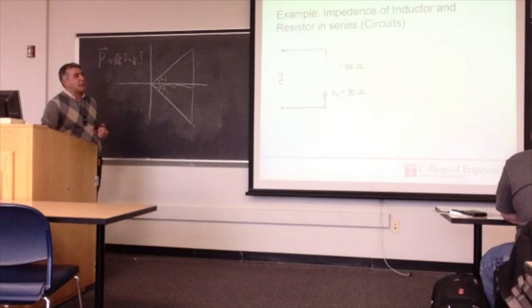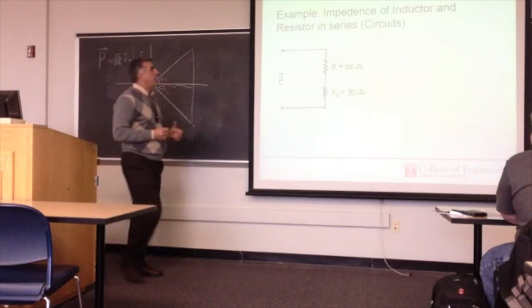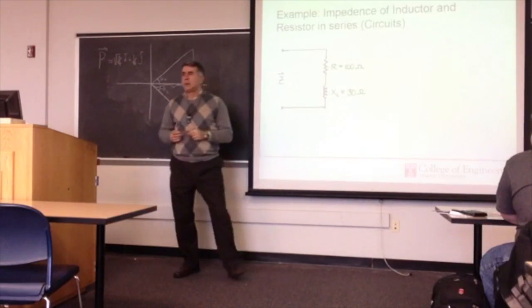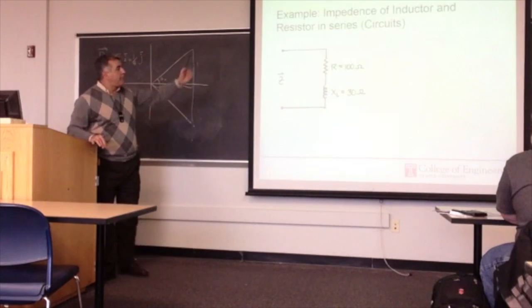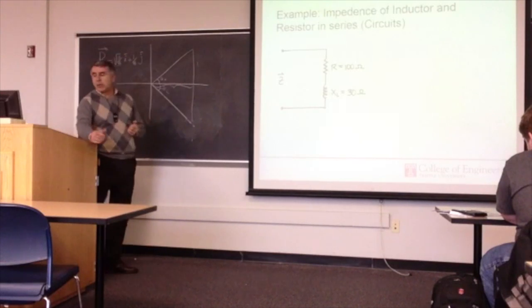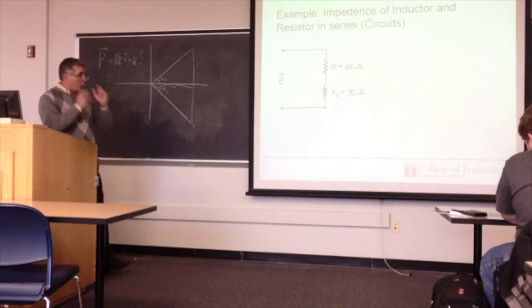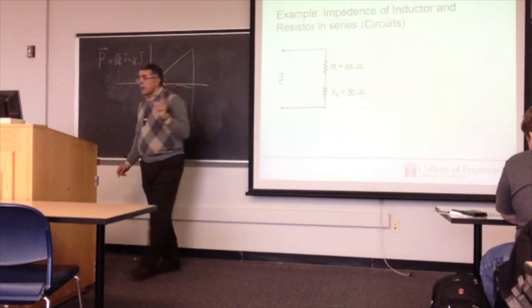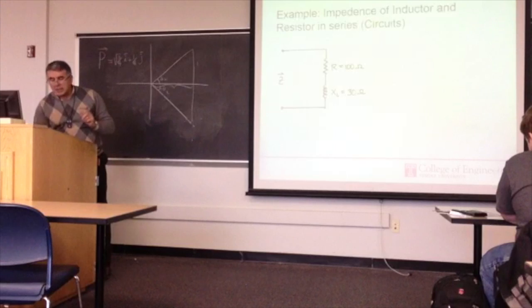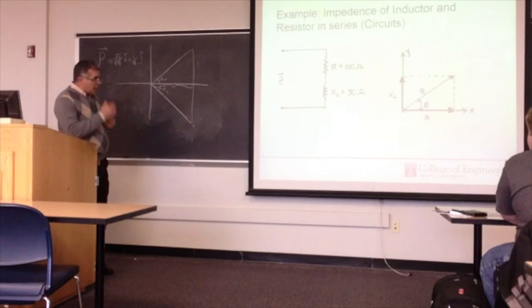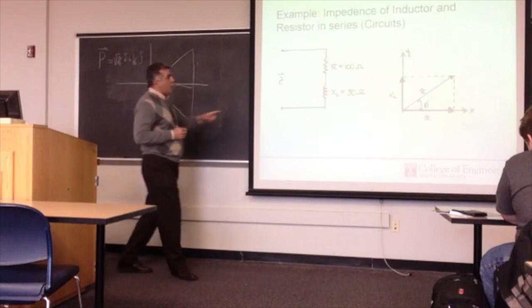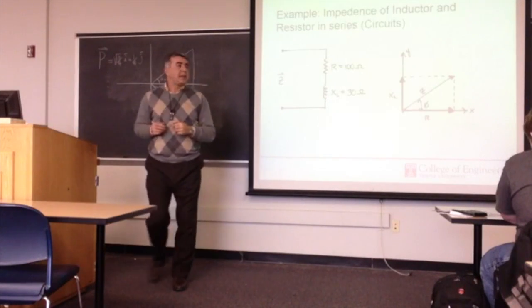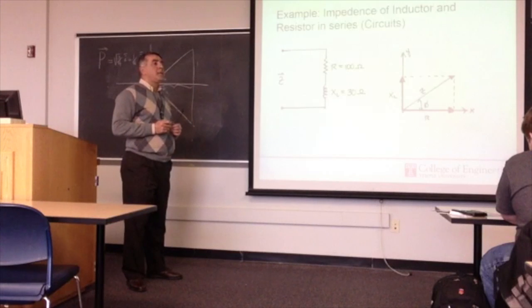So we have a system now that has an inductor and a resistor. When you have an inductor and a resistor, what you really want to find out is the impedance of this circuit. Resistance is in the x direction and inductance is in the y direction.